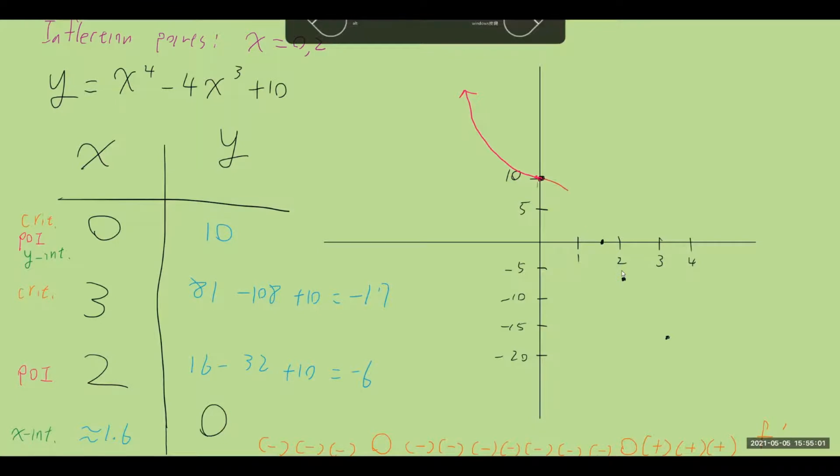It's actually very hard to graph. Well, that doesn't look like concave up. Okay, something like that. And 2 to 3, it's decreasing concave up. Something like that.